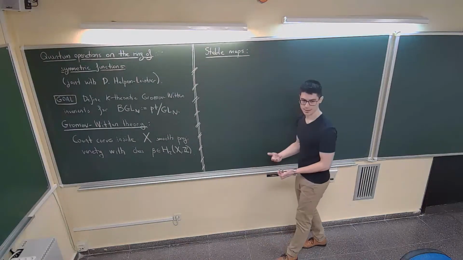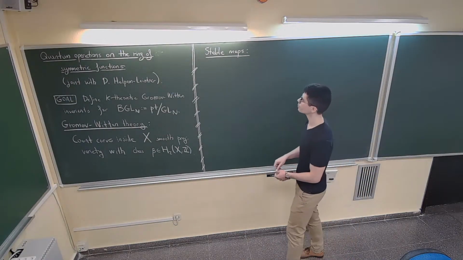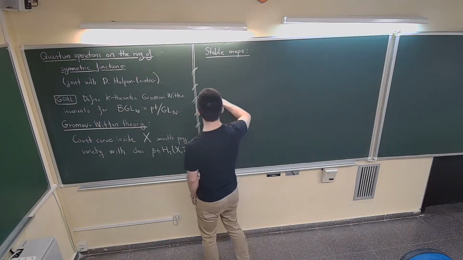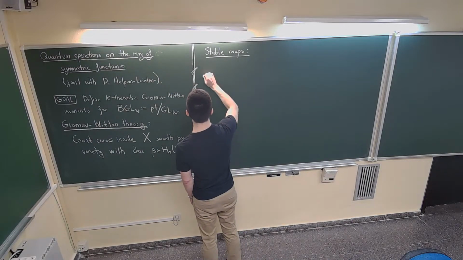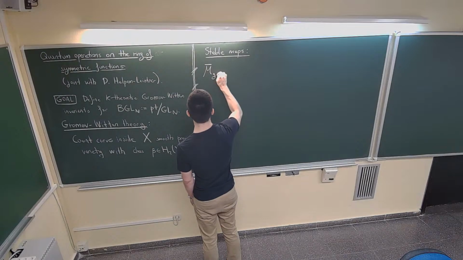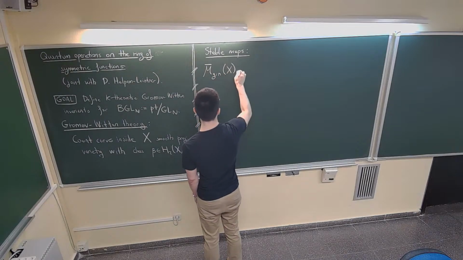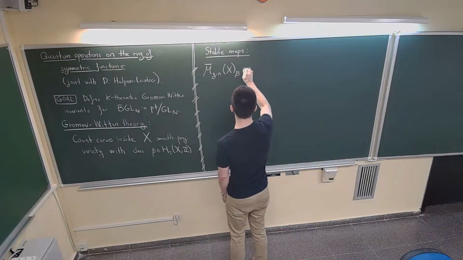That will give us the number of curves in some sense. The bigger the volume, the more curves we have. This moduli space is called the space of stable maps. We generally call it M bar of X with curve class beta.